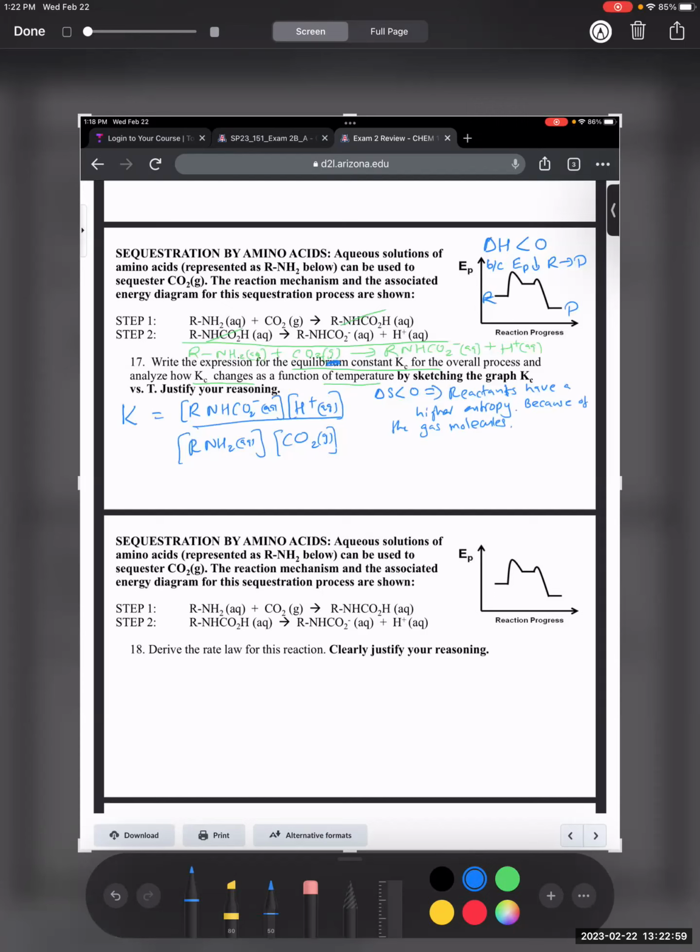Okay, so that should justify the sign of the change in entropy being negative.